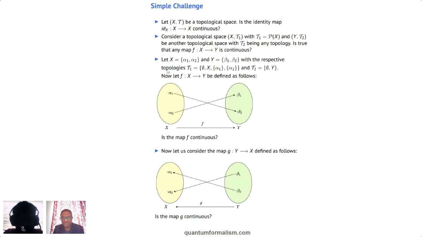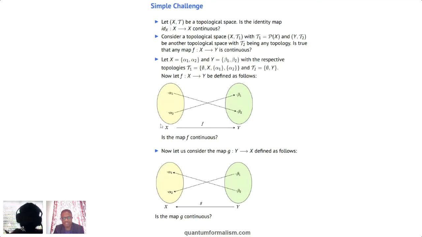So you have the space X made of alpha 1, alpha 2, and a space Y made of beta 1, beta 2, with the respective topologies. Remember, continuity has to do with your choice of topologies. If the topology changes, the map might not be continuous, from a set theoretic point of view. I think this example illustrates that.